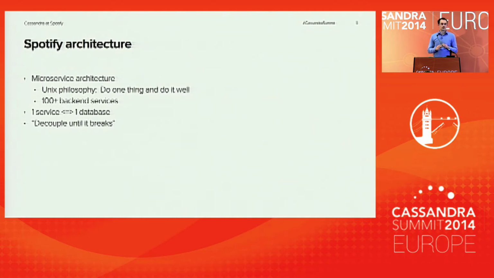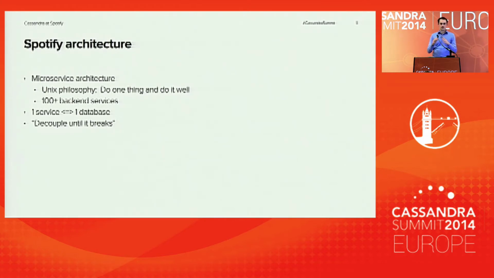Another great benefit is that if something goes down, you will only affect a small part of the entire Spotify service. And for this to work in practice, each service needs its own database.